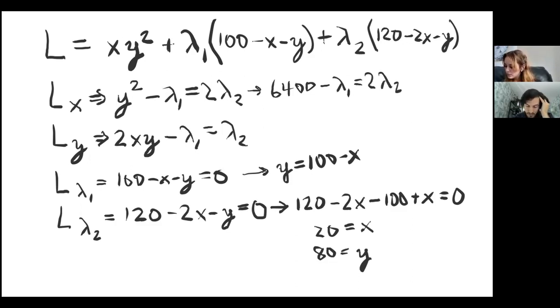And from this one, we get 2 times x times y. X times y is 16 times 100, or 1,600, times 2 is 3,200. Also minus lambda 1 equals lambda 2.